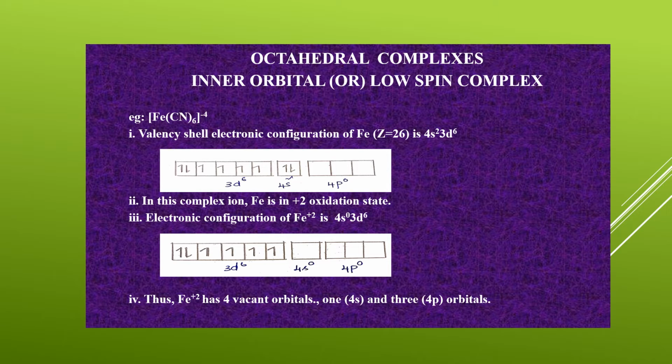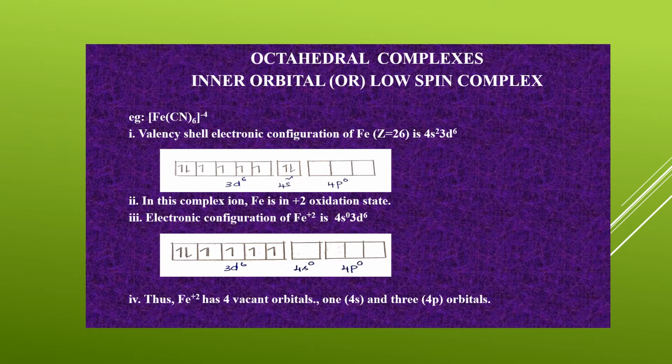In this class, we will be learning the second example under inner orbital or low spin complexes. The example which I have taken here is [Fe(CN)6]4-. The central metal is iron, that is Fe.